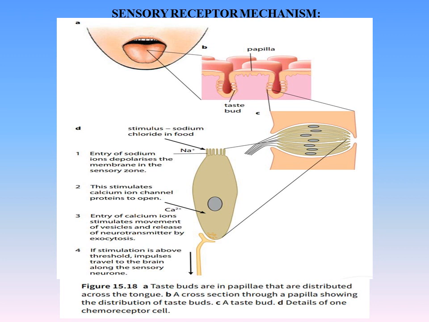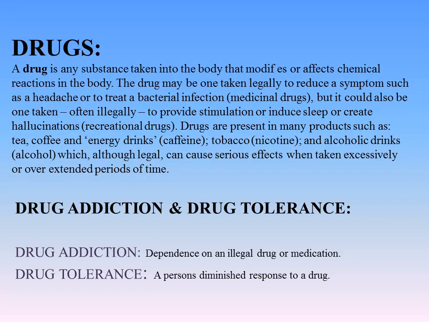If the stimulation is above the threshold, impulses travel to the brain along the sensory neuron, and you will get that particular information about the food or stimulus you just felt. This is how your tongue, or different regions of the tongue, are sensitive to different tastes.